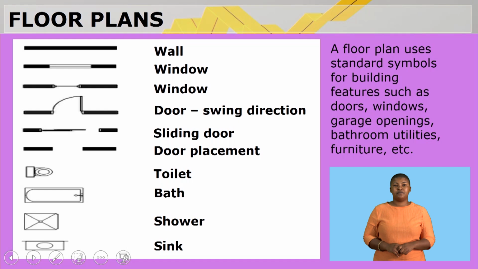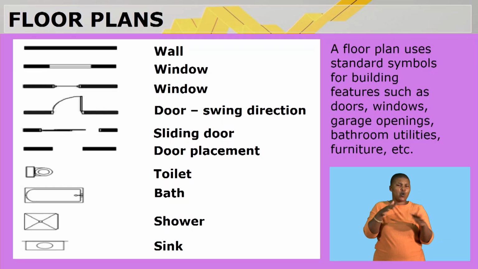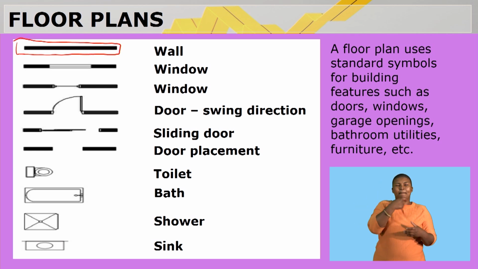What are the symbols used on floor plans? A floor plan uses standard symbols for building features such as doors, windows, garage openings, bathroom utilities, furniture, etc. If it is a wall, whether inside or outside, it will simply be a very dark line.